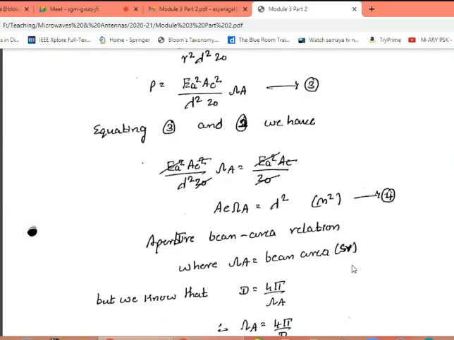Now the effective aperture and beam area relation.